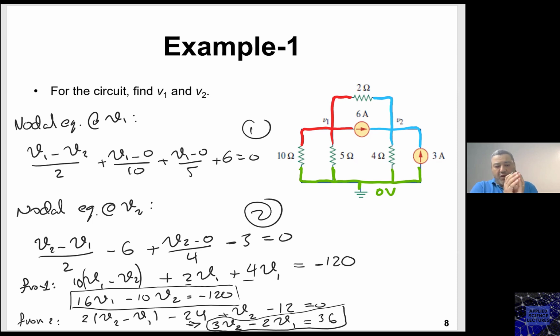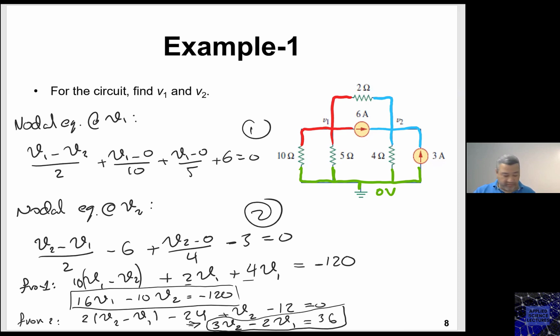We are right on that node, and then we go for the branches that have the resistors. We write the potential difference divided by the resistance of that resistor, and then we look at the current sources. Current sources that are leaving that node are written as positive, entering as negative.